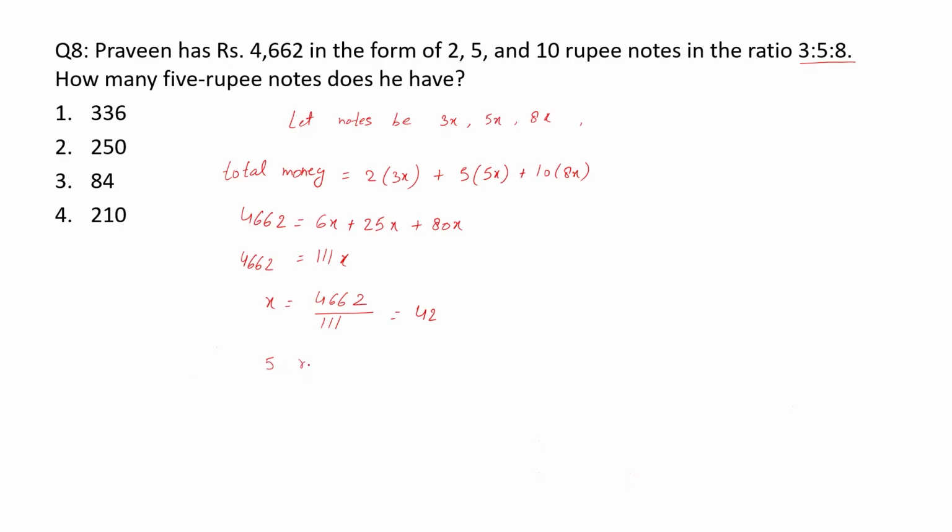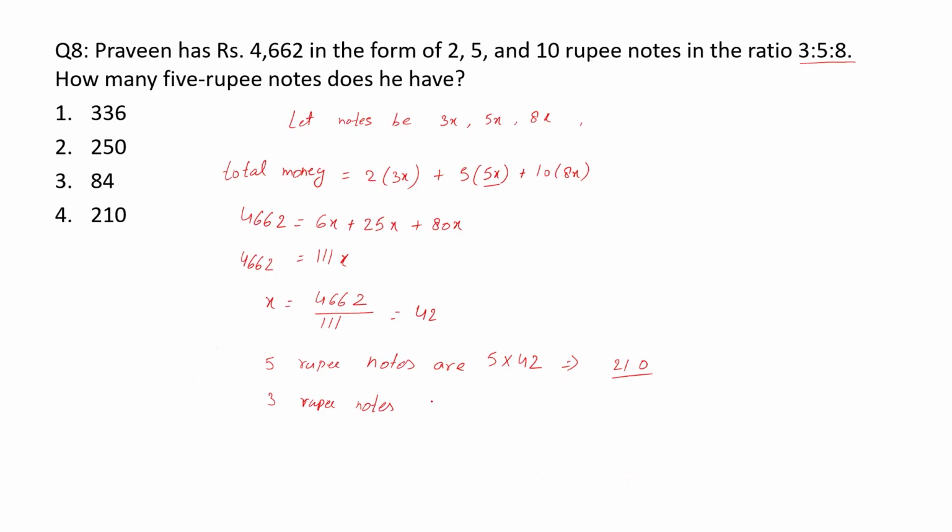So 5 rupee notes are 5 into x, 5 into 42, and that is equal to this much.